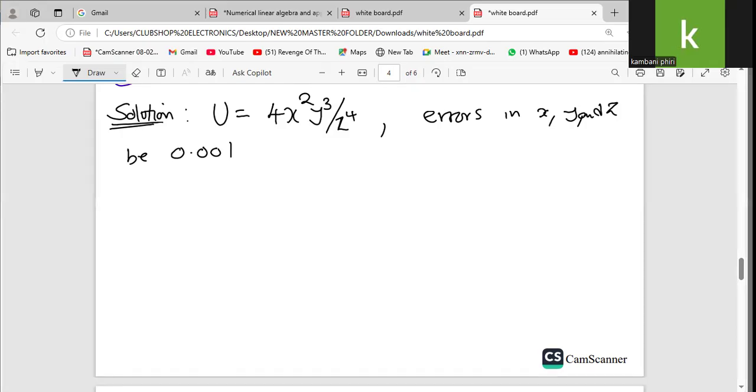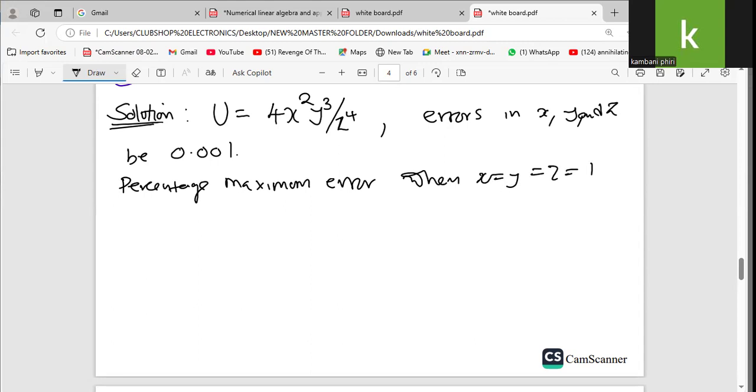Now we need to compute the percentage maximum error in u when x is equal to y, and this is equal to z, which is equal to 1.